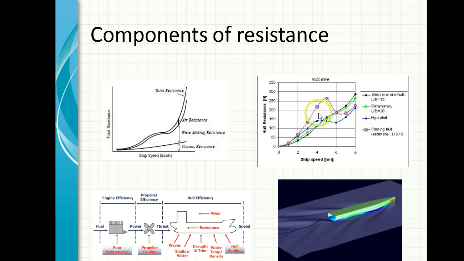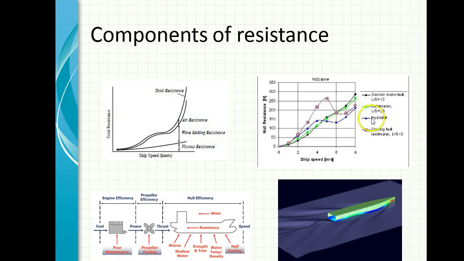Another way of looking at it is if you look at different types of ship forms. For instance, this line shows a normal ship's monohull. So it goes up, there are some optimal speeds, and then the resistance goes up with the ship speed. But a planing hull is a hull which will lift up when it reaches a speed, and you can see that up to here the resistance builds up, but after that it lifts up, so the resistance comes down, and at a higher speed lower power is required, so the speed can accelerate more.